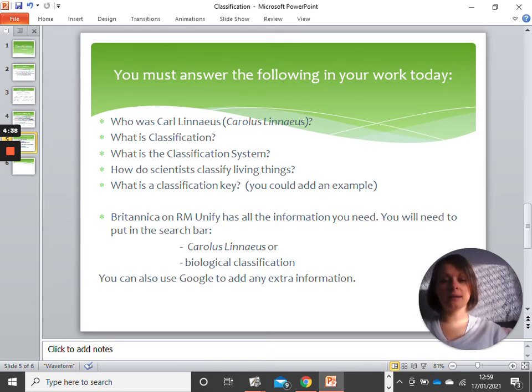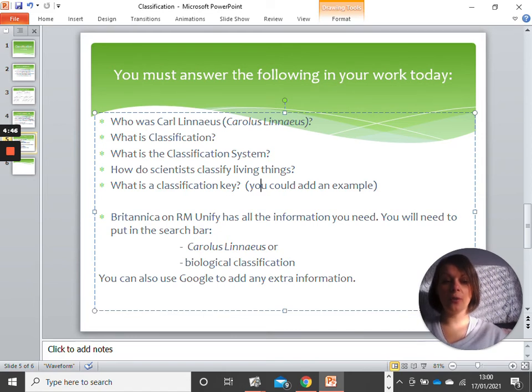The next title would be how do scientists classify living things? And then what is a classification key? So I've just shown you one, you might want to do your own example. Now, Britannica on your RM Unify has all the information that you need.